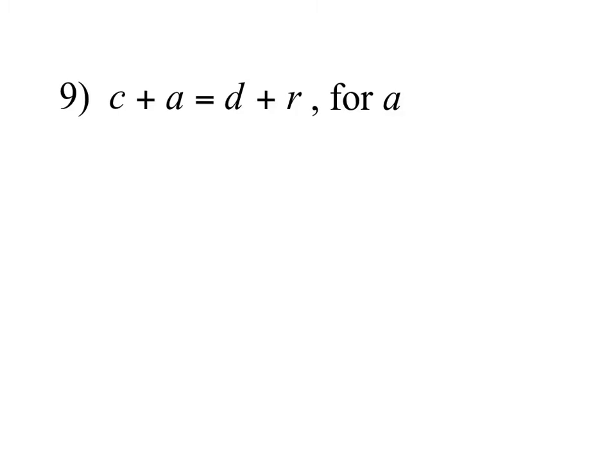So Nick, in number 9, what are we trying to isolate? Uh-oh, did I lose you? All right, sorry, I'll be patient. So the A needs to be isolated. So what is hanging out there with the A that needs to go somewhere?